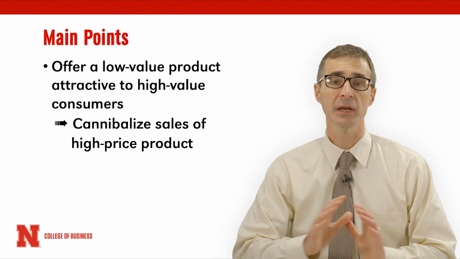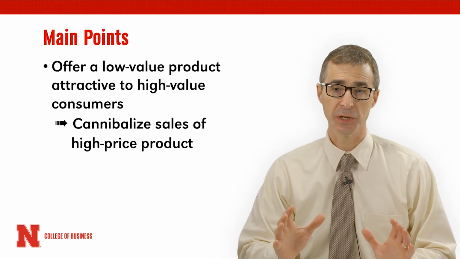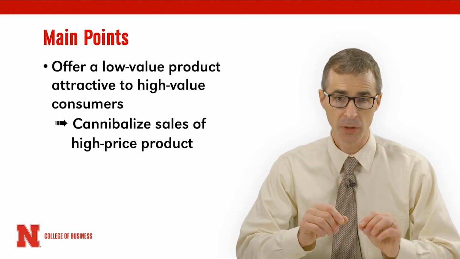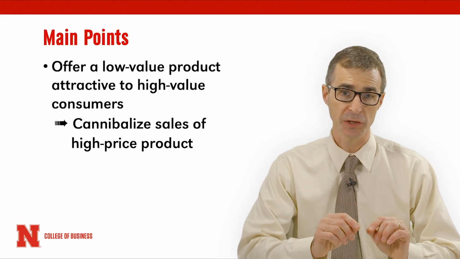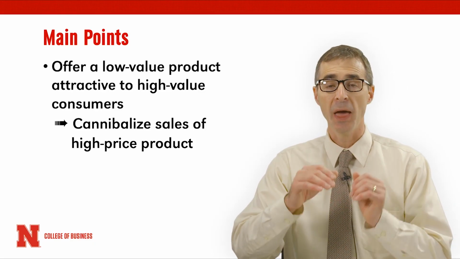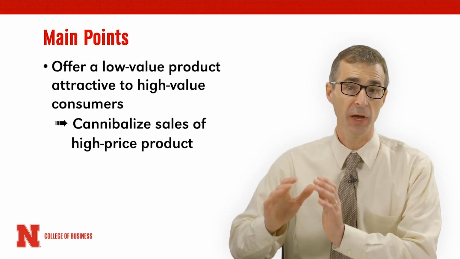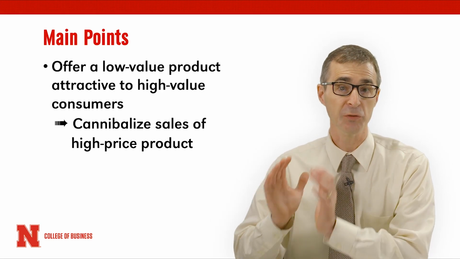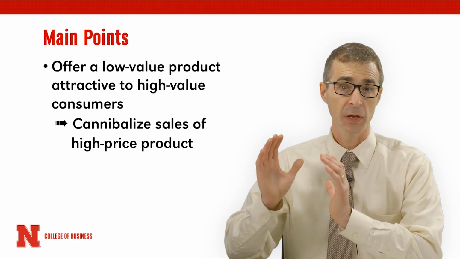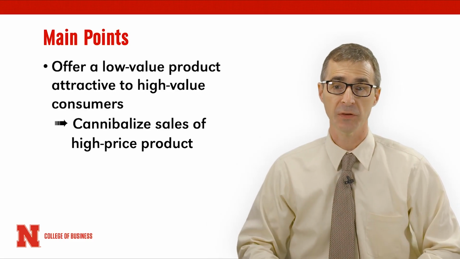The basic idea in all of these indirect price discrimination strategies is to offer a low-value bundle to the low-value customers, those who are very price-sensitive and have high elasticities, and then to offer a different bundle designed to appeal to the high-value customers, defined as those who are not very price-sensitive. In other words, have low elasticities.